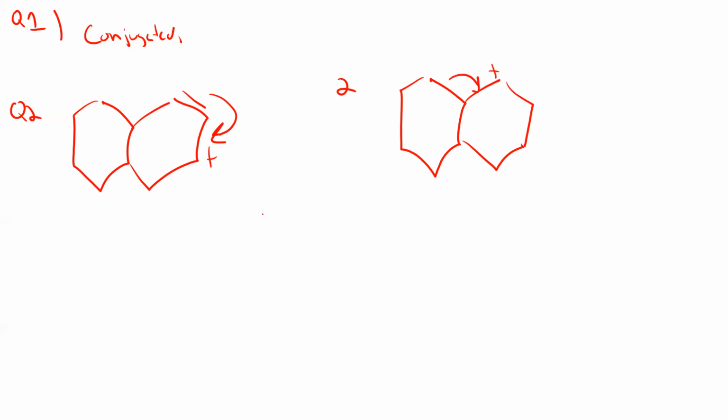Well, it's going to move. And step 3 says draw the resonance structure. So here we're going to have to draw all the double bonds. And here's the resonance structure here.